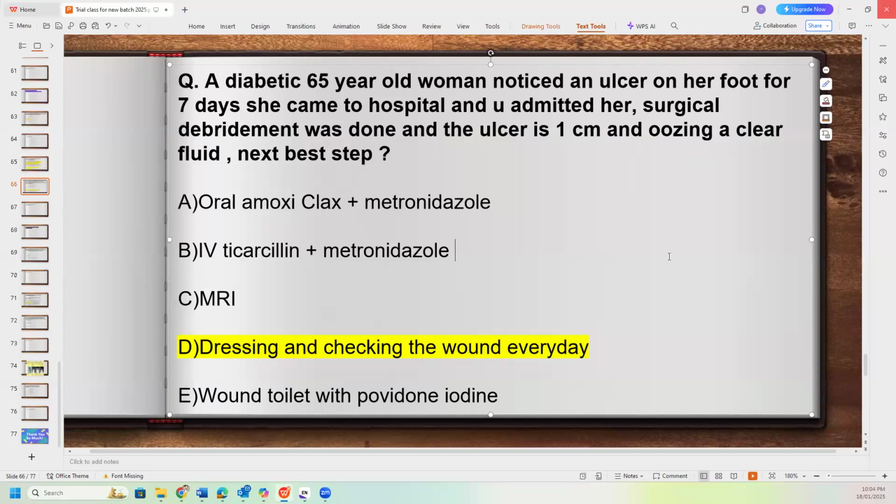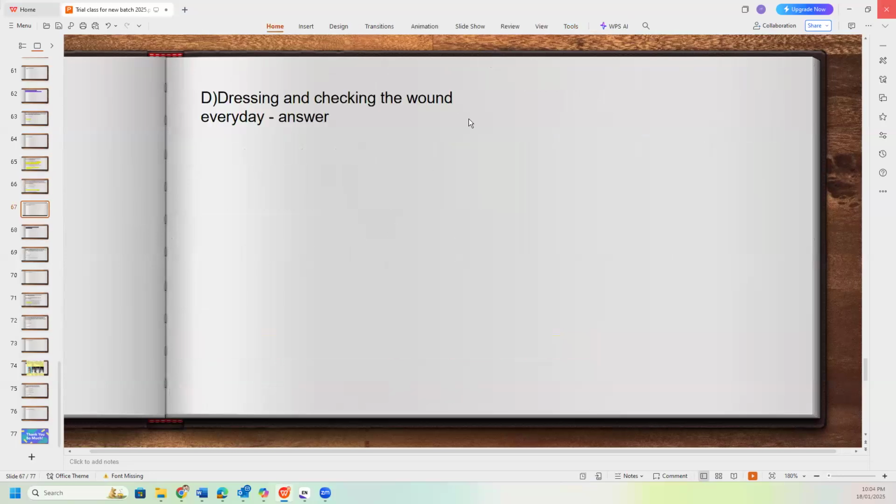If the female was having fever on top of the purulent discharge, then what would you give? Oral or IV? Very good. Your answer will change to IV antibiotics then. So your answer is dressing and checking the wound every day. It's very well written in John Murtagh in Diabetes.